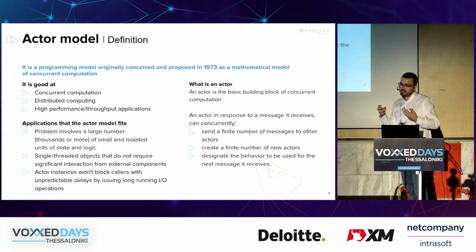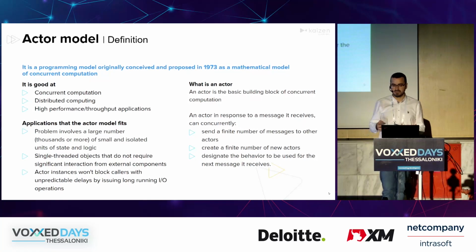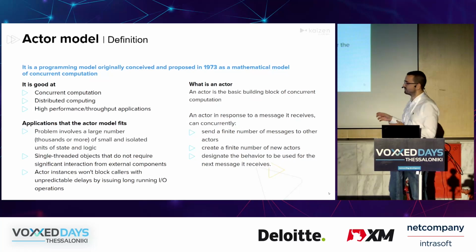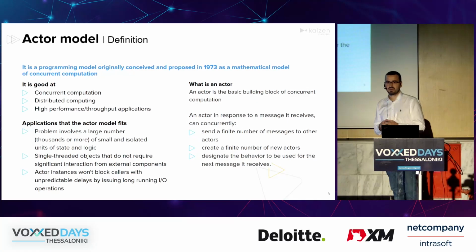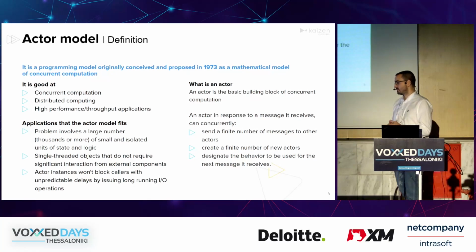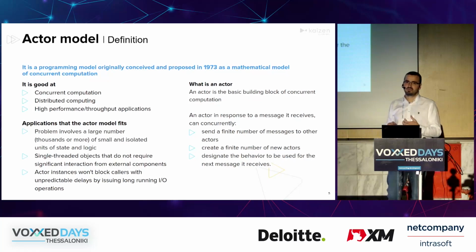It is a mathematical model that was conceived in 1973, and it has proliferated through the use of various languages and frameworks to many different implementations. It is particularly suited to concurrent computation, distributed computing, and high performance and throughput applications.